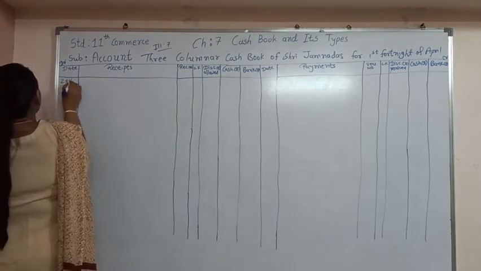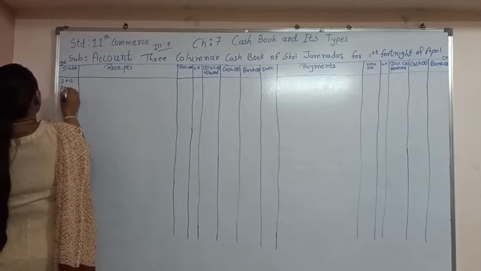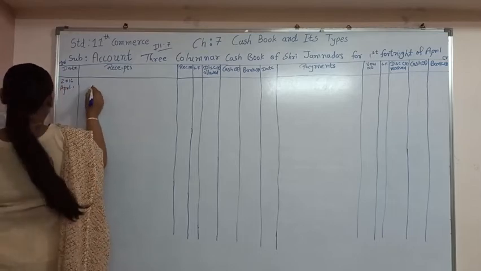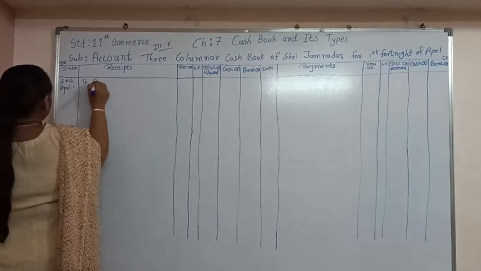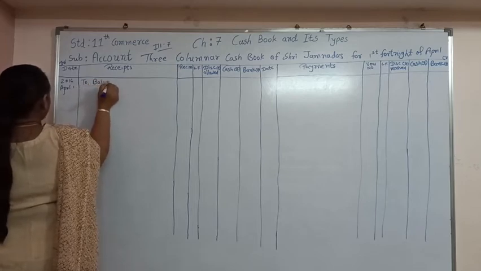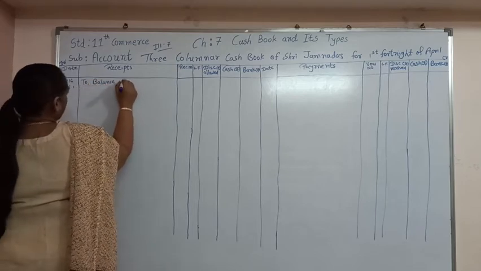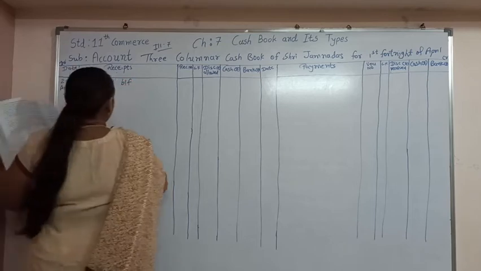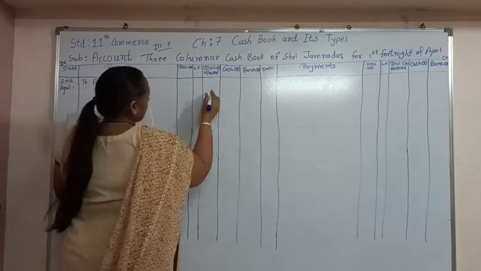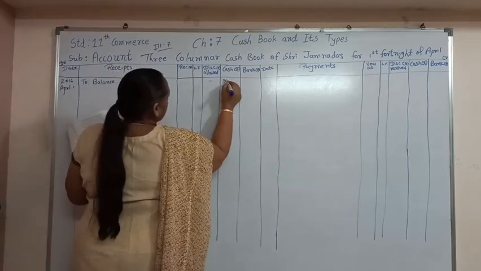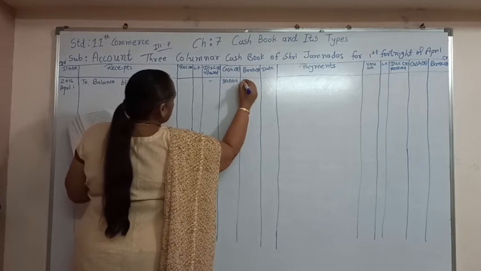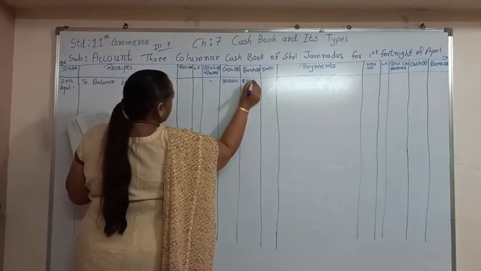2016 April first, to balance brought down, and that will be cash balance 30,000 and bank balance 8 lakh.